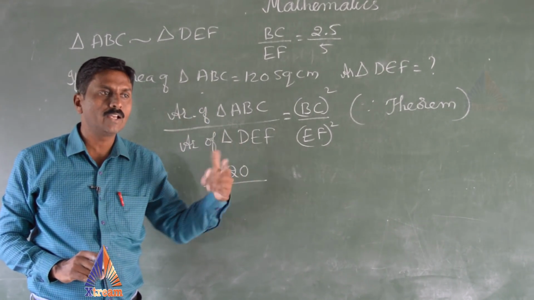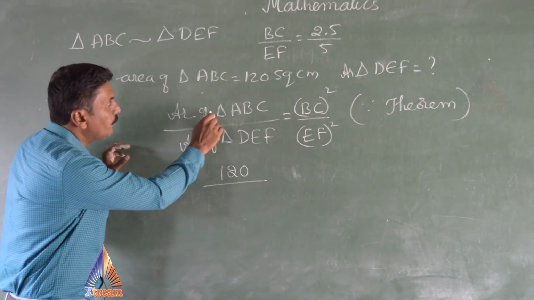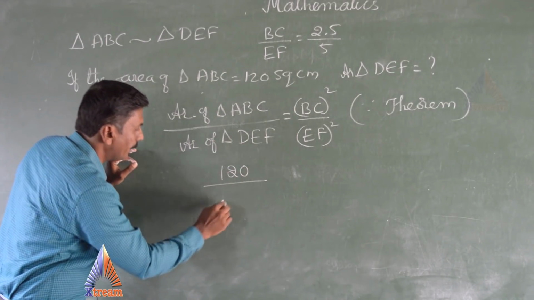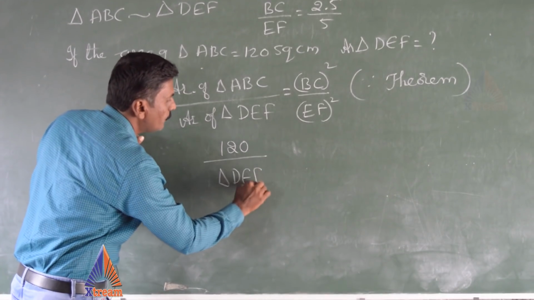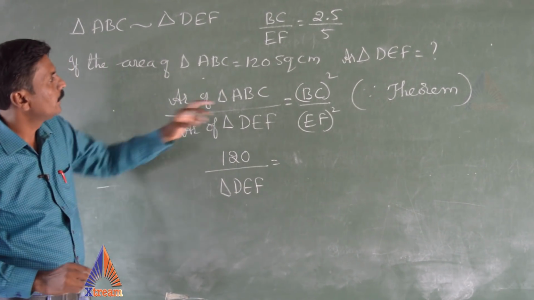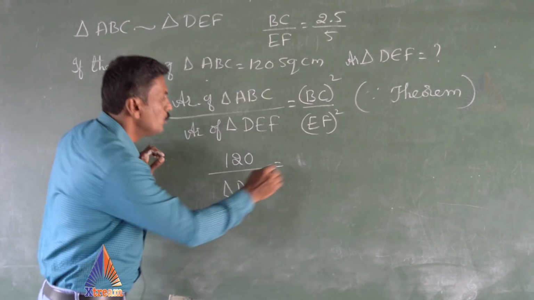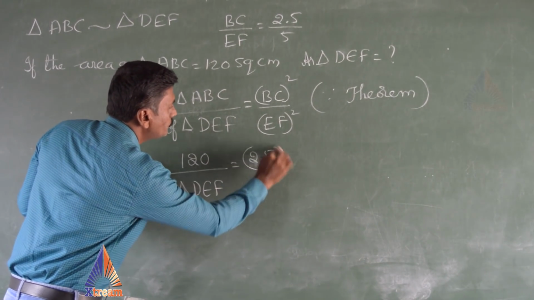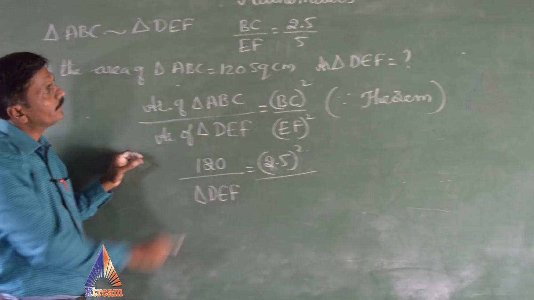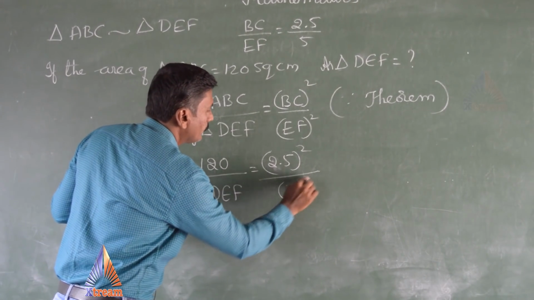Square centimeters, square meters. Okay, area of ABC is 120 square centimeters by area of DEF is equal to, okay, BC is 2.5 by EF is 5 square.